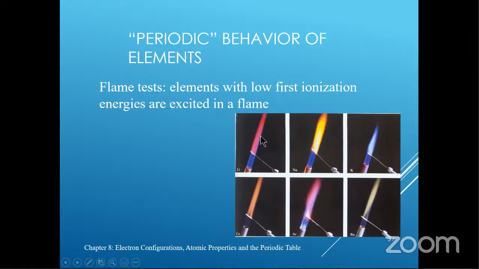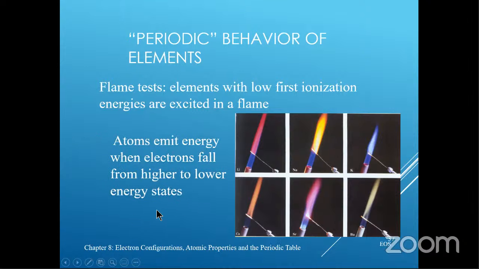So as you can see here, this lilac color is due to lithium, this yellow color is due to sodium, and so on and so forth, all right? So that's basically what this is all about. And the reason why this happens is because atoms emit energy when the excited electrons fall from higher to lower energy states, and therefore they give a particular color depending on the particular element.